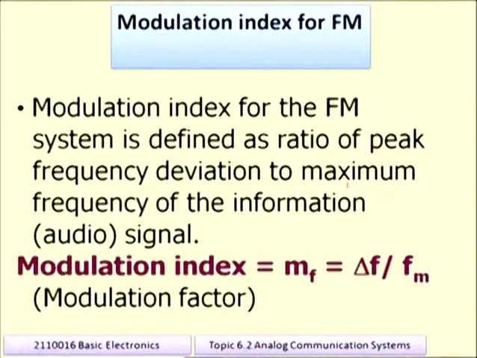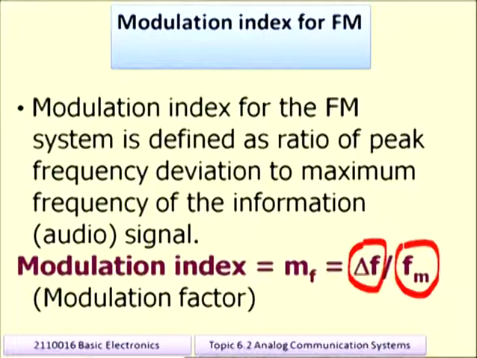And if you look at the modulation index definition for FM, it is different from AM. In AM, we have seen that the modulation index is the ratio of peak amplitude of the information signal to the peak amplitude of the carrier signal. But in the case of FM, it is the ratio of peak frequency deviation to maximum modulation frequency.